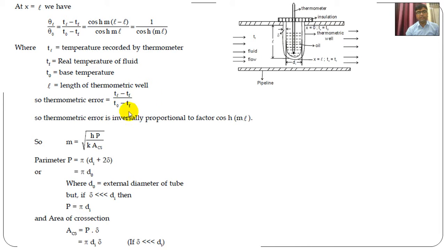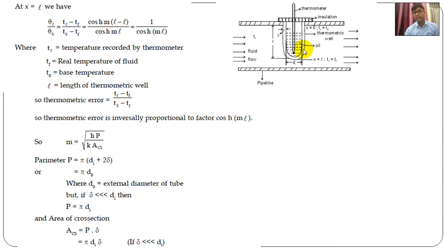Now if you are talking in technical terms, what is the thermometric error? The error in temperature of the fluid is T_L minus T_F. But in terms of thermometric error, it is the ratio of T_L minus T_F to the maximum temperature difference, which is T_naught minus T_F, because this is the root temperature to the fluid temperature.